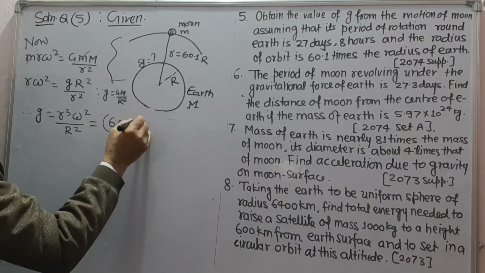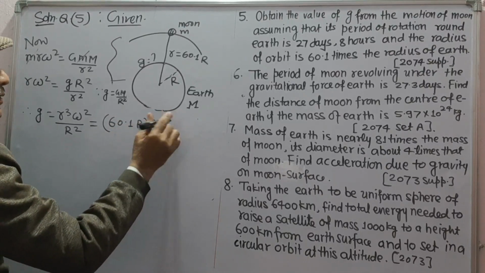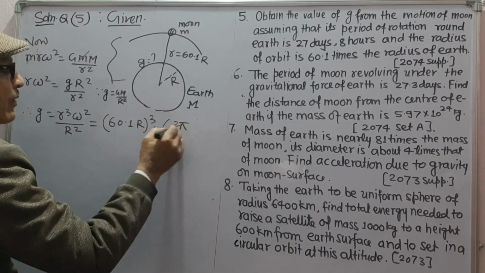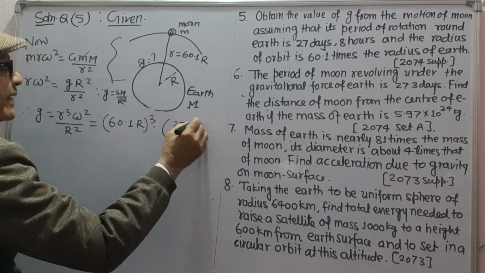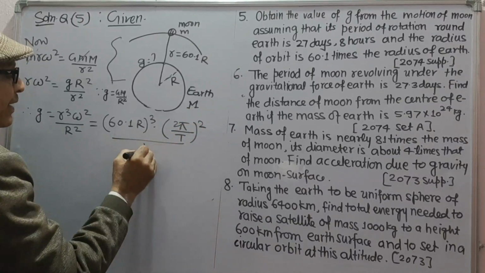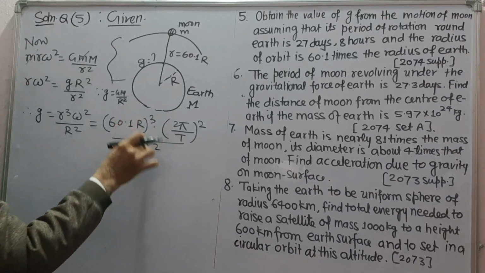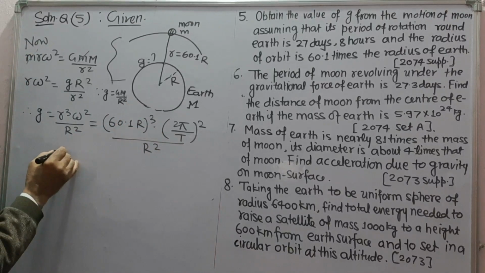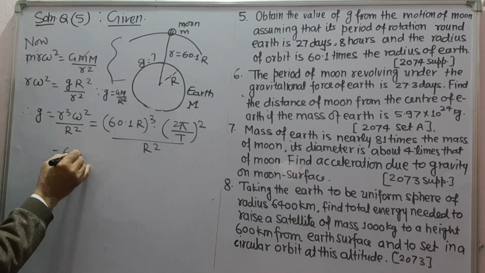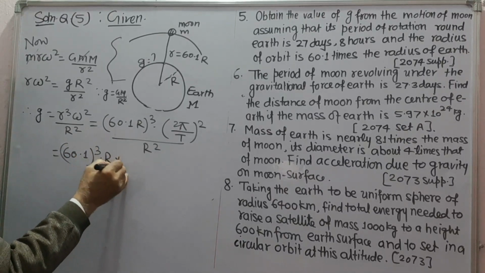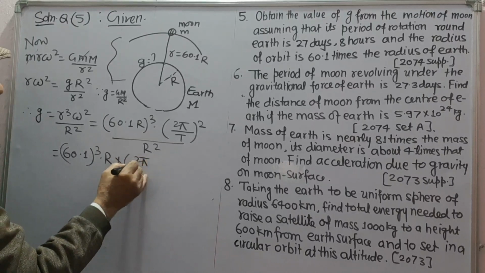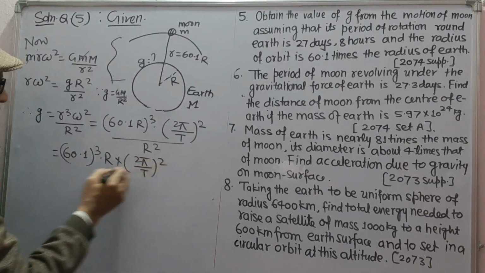which can be written as 60.1 capital R cube into 2 pi by T, because omega is equal to 2 pi by T, its square, upon R square. R cube upon R square gives capital R. So, 60.1 cube R into 2 pi by T whole square.